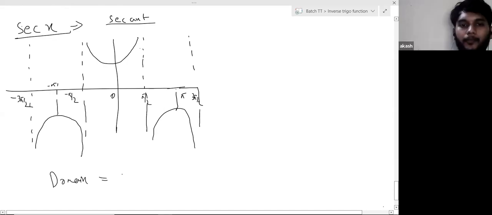Domain here, again we can put all the values, but we cannot put odd multiples of pi by 2. At pi by 2 this becomes infinite, minus pi by 2 becomes infinite, so we cannot put odd multiples of pi by 2.